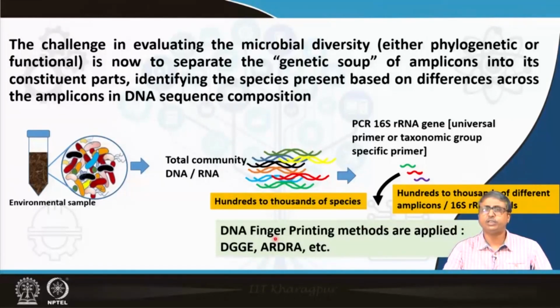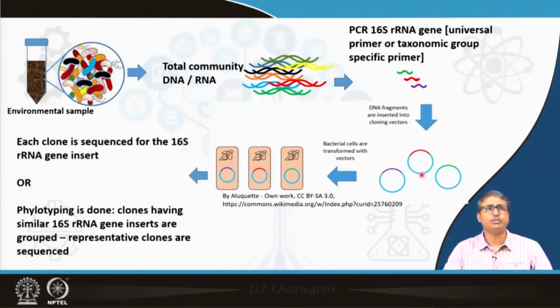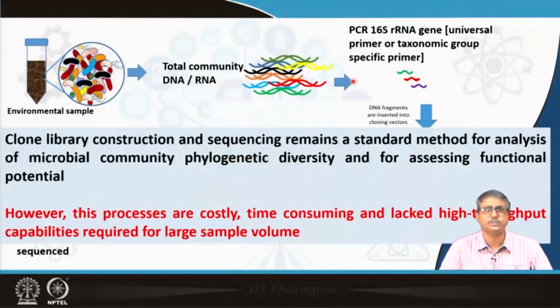Now DNA fingerprinting methods can be applied, like DGGE and all these things, and if we are planning to have a clone library, then possibly we can clone them individually. They will be inserted, and each of these clones will be subjected to further analysis by restriction analysis, that is ARDRA, or maybe each clone can be sequenced directly. Once we do that, we will be able to identify each of these clones, and we will be able to identify most of these bacteria, so far as their DNA is lysed and comes into this soup and they were actually amplified, because later we will discuss that point.